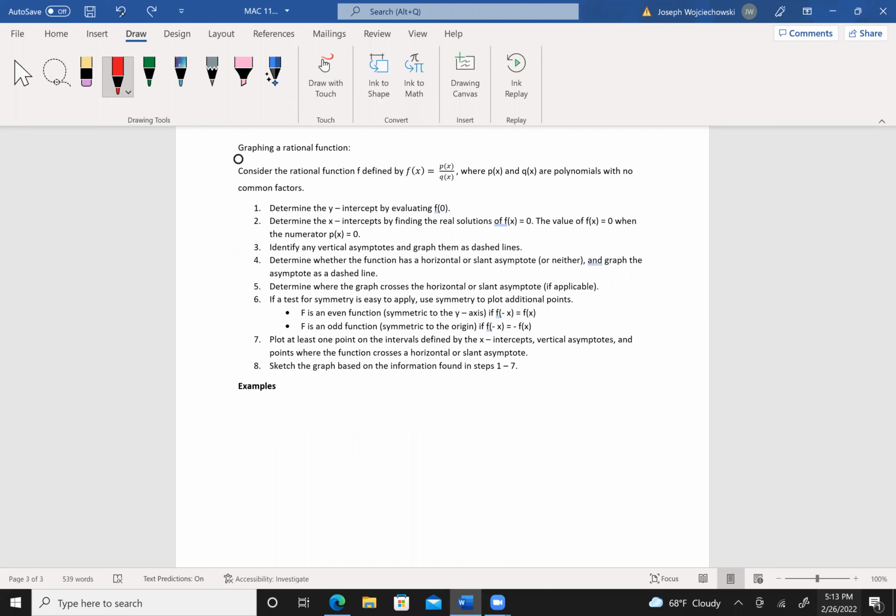Determine the x-intercepts by finding the real solutions of f of x equals 0, which is when the numerator is equal to 0, so when p of x equals 0. Identify any vertical asymptotes and graph them as dashed lines. Determine whether the function has horizontal or slant asymptotes, or neither, and graph the asymptotes as dashed lines.